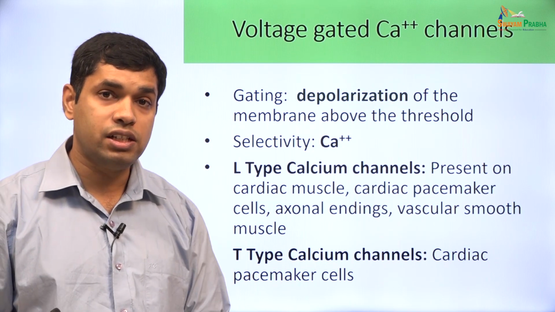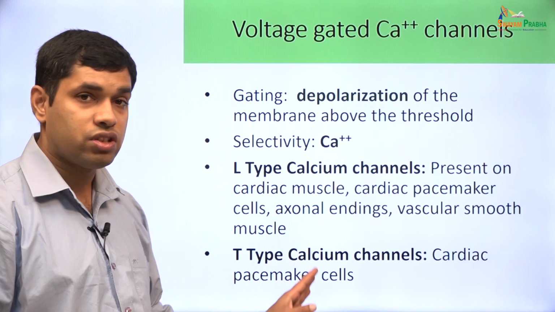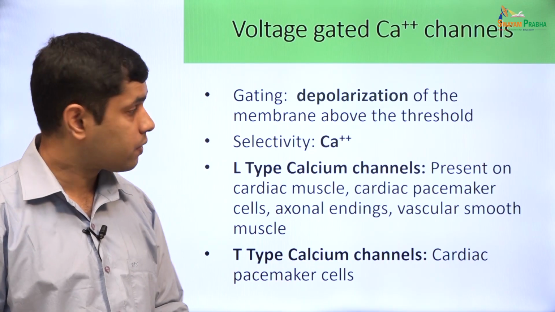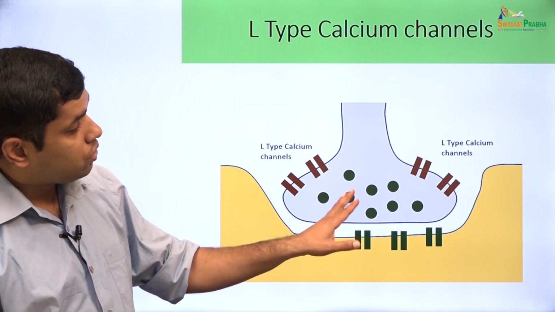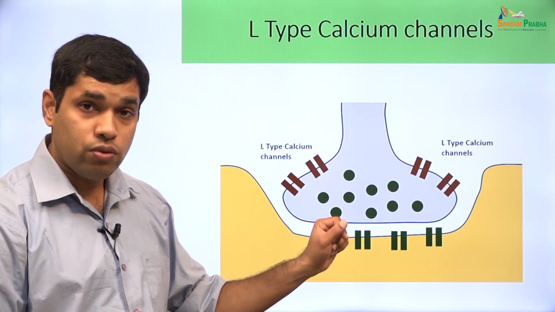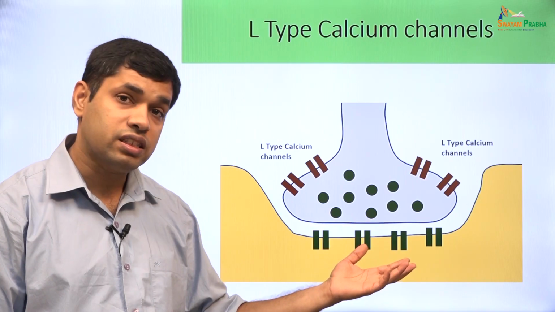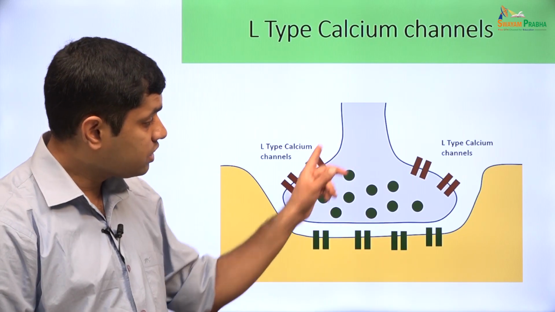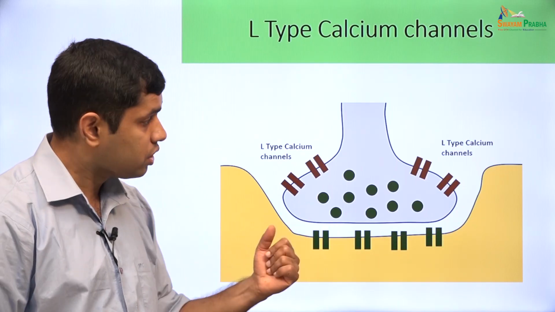So voltage gated calcium channels, there are two important ones. One is the L-type calcium, L for a longer lasting current, and the T is for the transient or the T-type calcium channel. The L-type calcium channels, you will come across them when you talk about the neuromuscular junction, when we discuss the synapse. So if this is the axon ending and this is the motor end plate, so this is the neuromuscular junction.